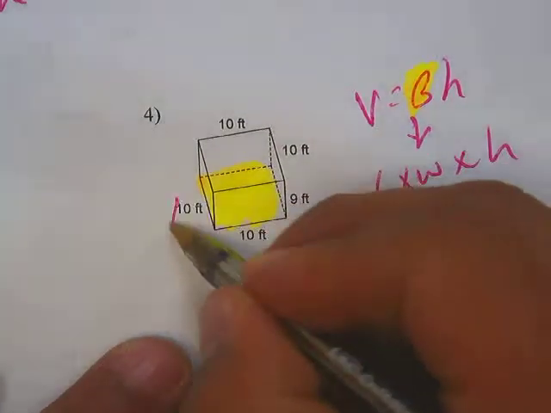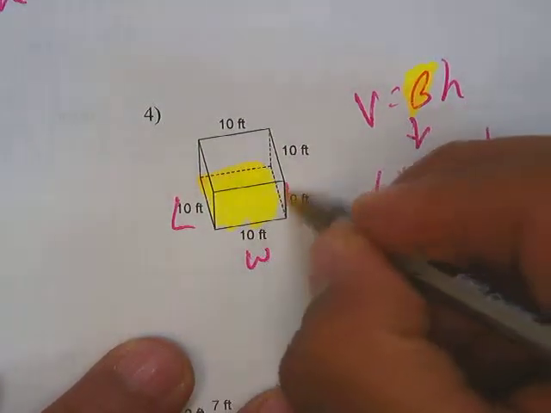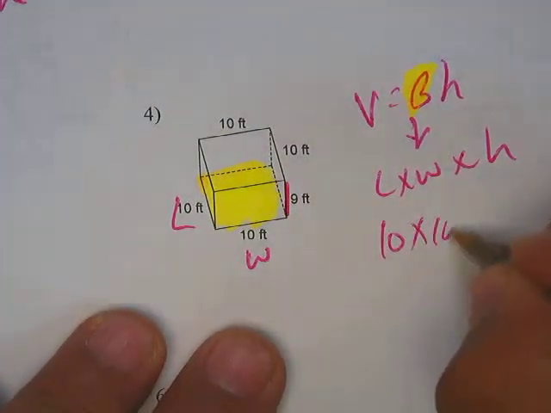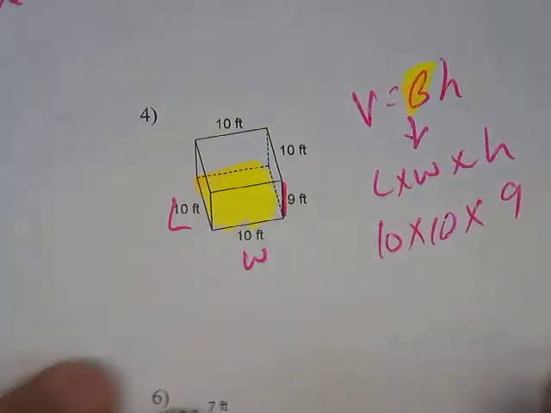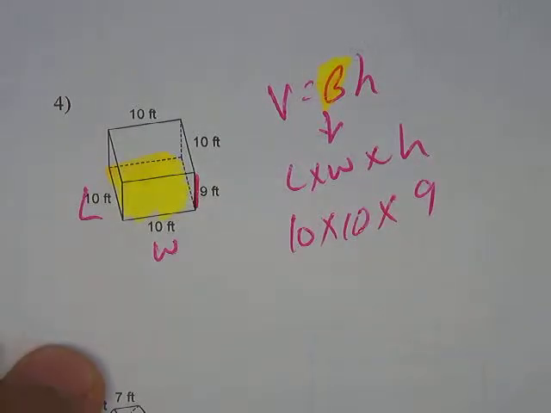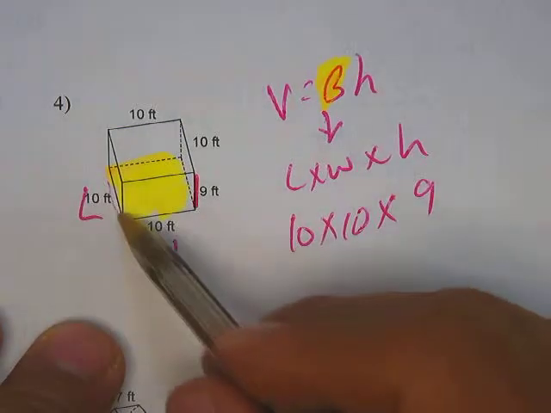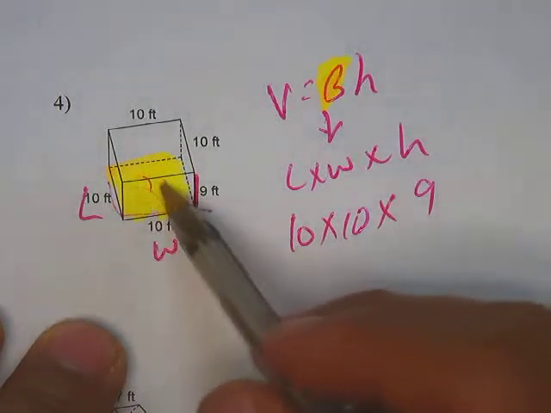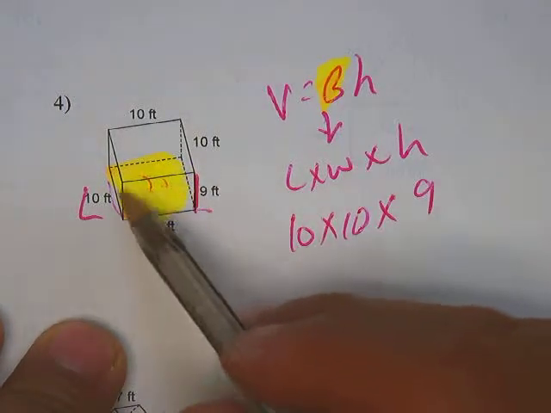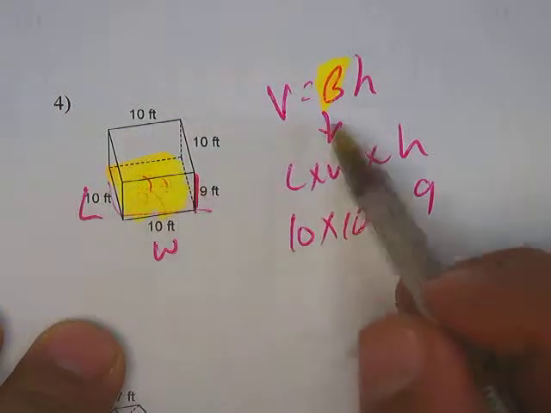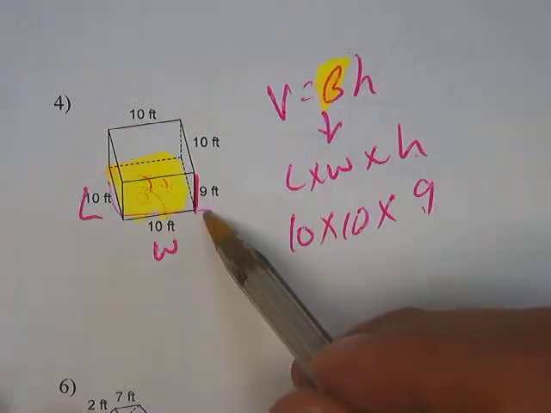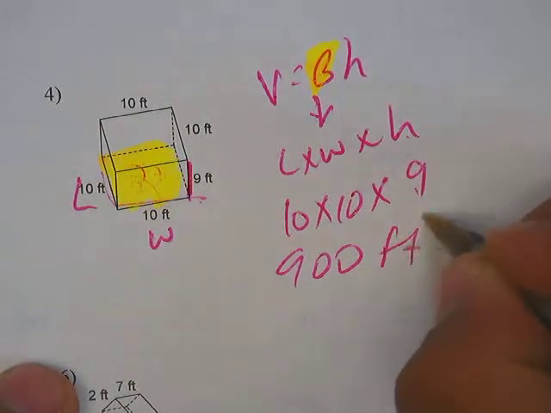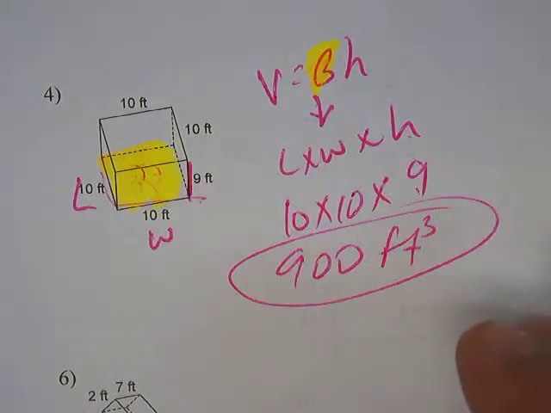So then I can just say, okay, length times width, and then times height. Well, that is 10 times 10 times 9. And that'll give me the answer. Just length times width times height. Or the area of the base, that's the capital B, which is just length times width, times the height, which is, of course, 900 cubic feet.